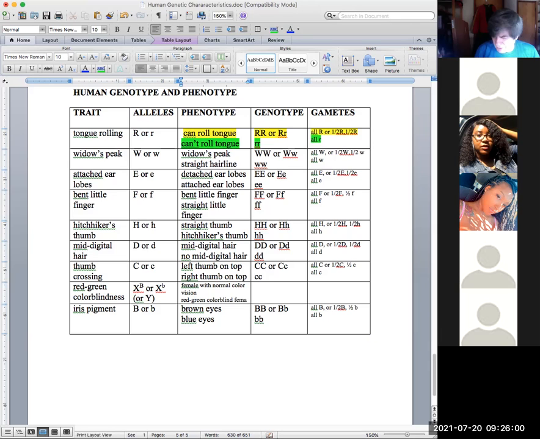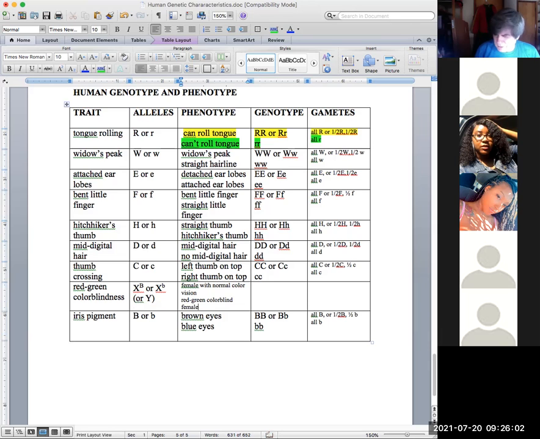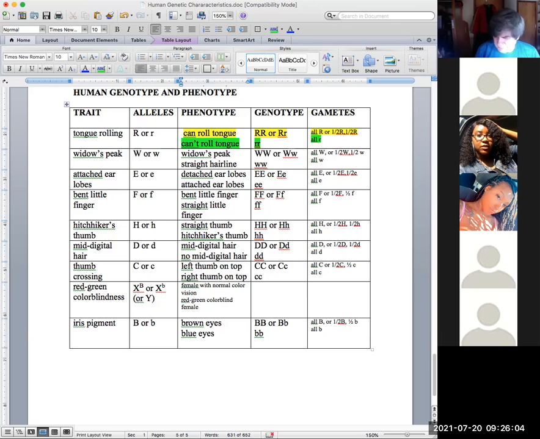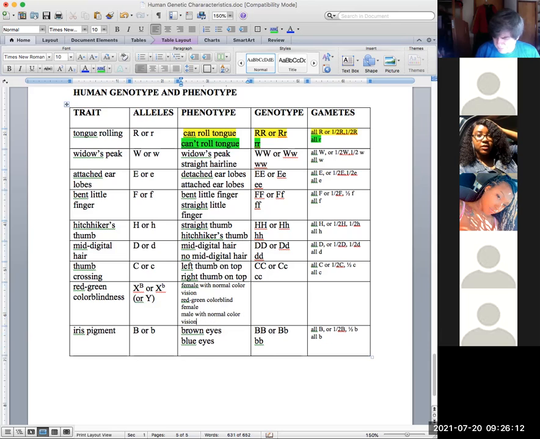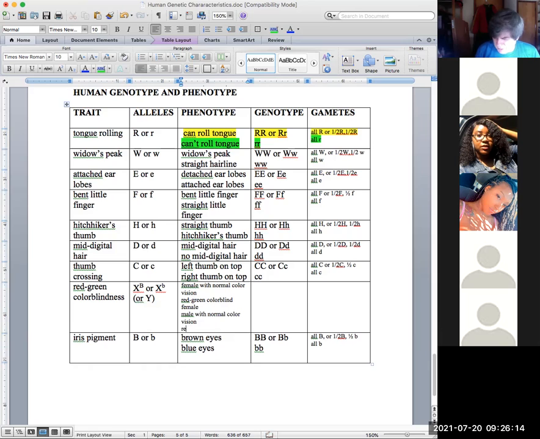You could be a red-green colorblind female. You could be a male with normal color vision. Or you could be a red-green colorblind male.